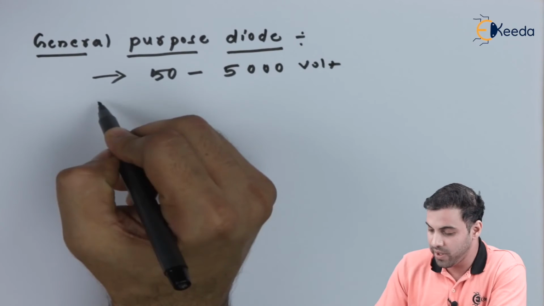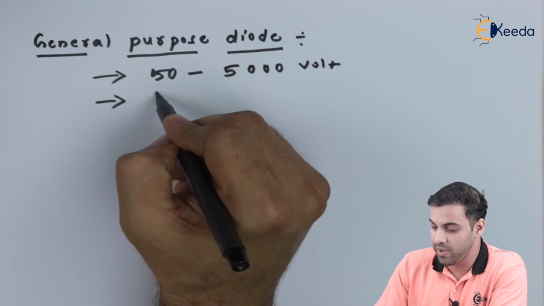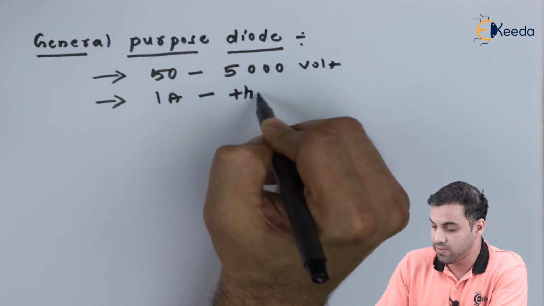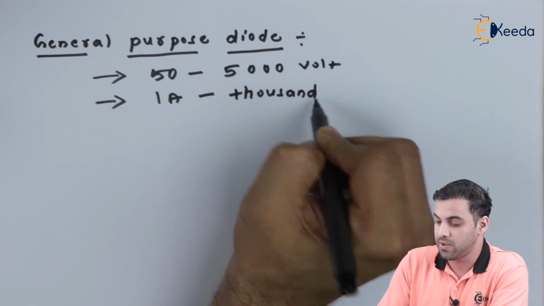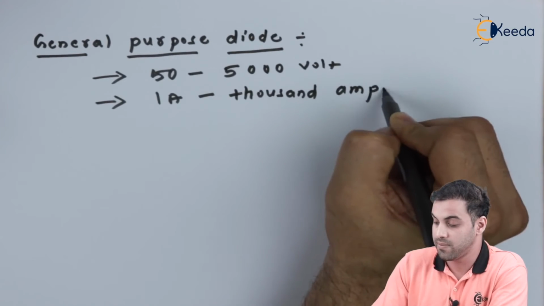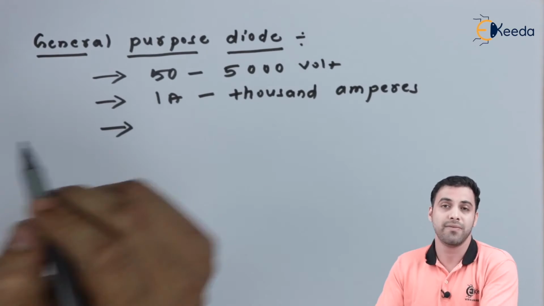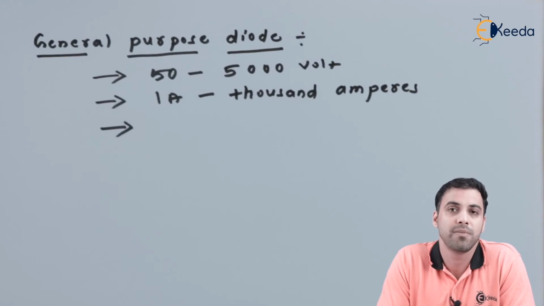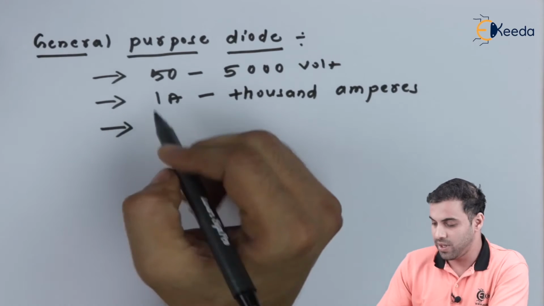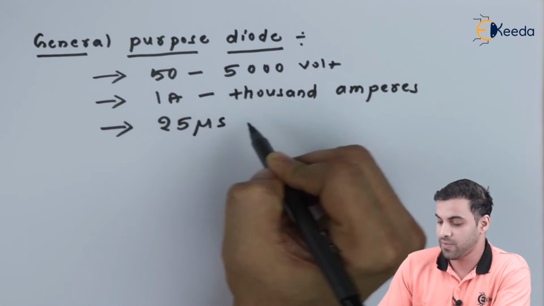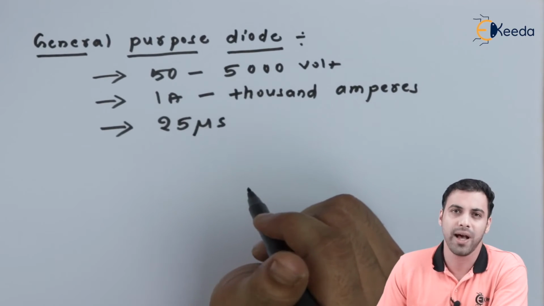Number two: the current rating is 1 ampere to several thousand amperes. But the reverse recovery time of a general purpose diode is quite high, or quite wide. Here the reverse recovery time would be 25 microseconds, which is quite high.